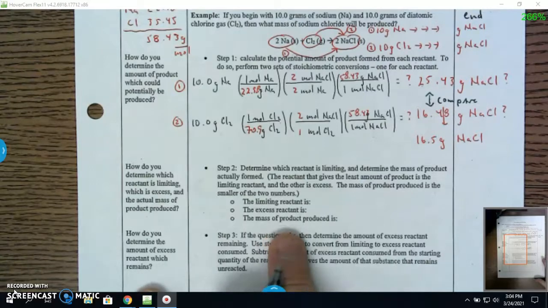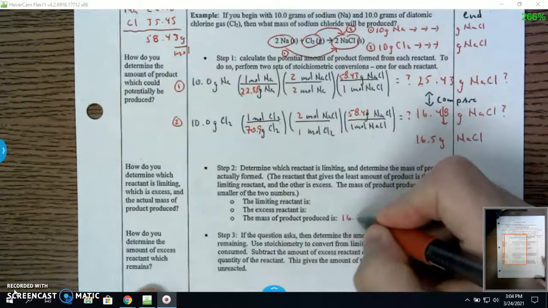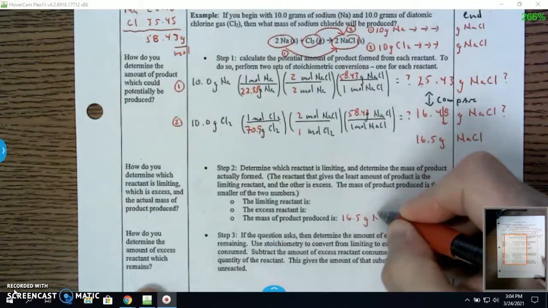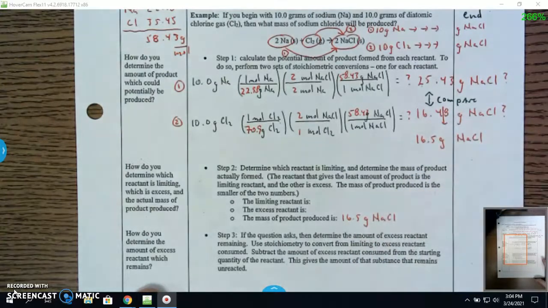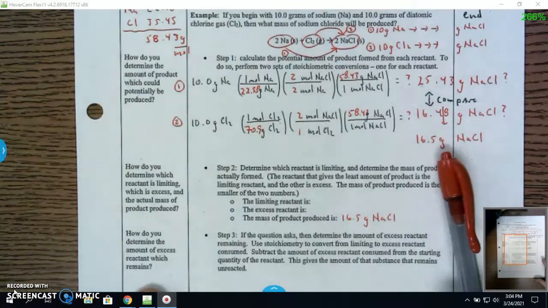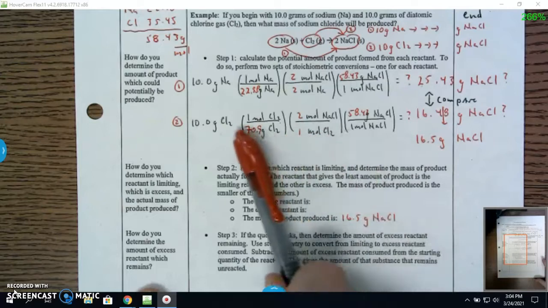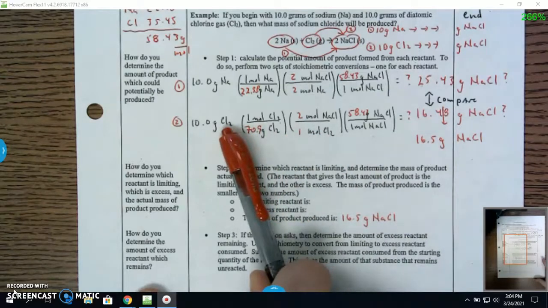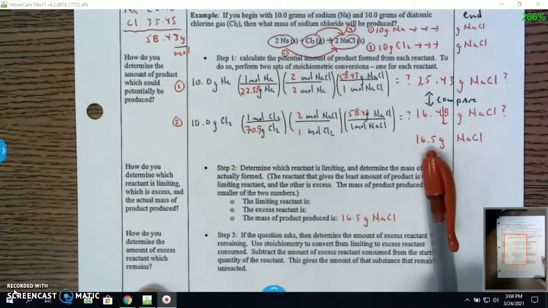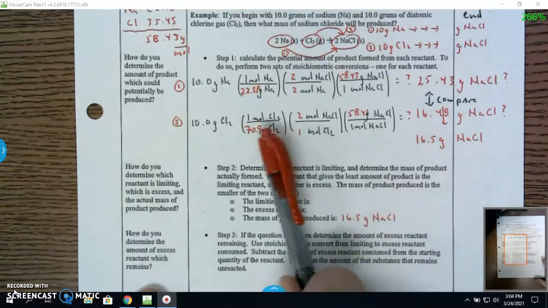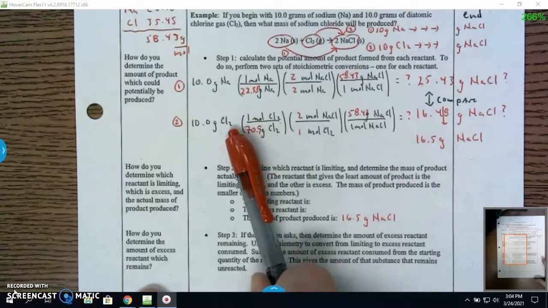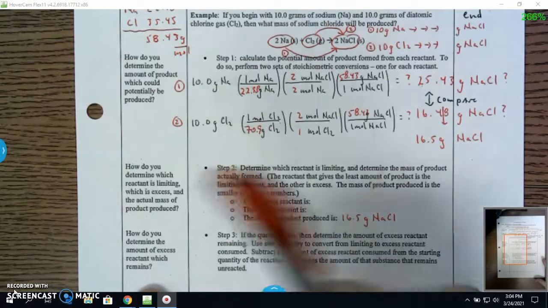So the mass of product that's produced is 16.5 grams of sodium chloride. You find the smaller of the two quantities, this one, and you trace it backwards, and it points to the reactant that you run out of. We only have enough diatomic chlorine to make 16.5 grams of sodium chloride, and once we've made 16.5 grams of sodium chloride, we run out of diatomic chlorine.